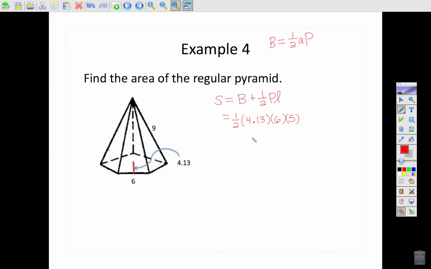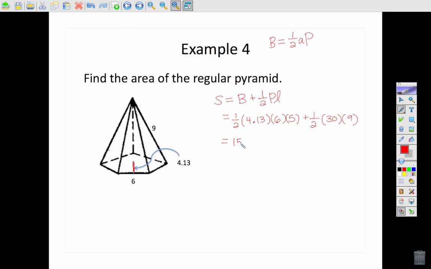So the perimeter is a side length of 6, 5 times because we have a pentagon. So that gives me the perimeter plus 1/2 times that perimeter, which is 30, times the slant height, which is 9.